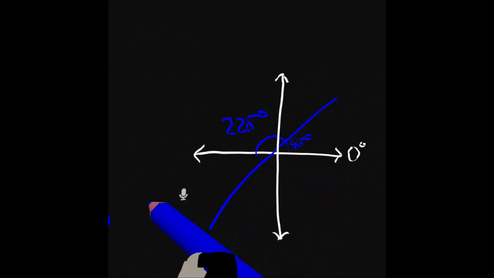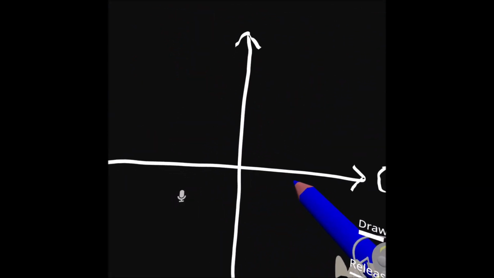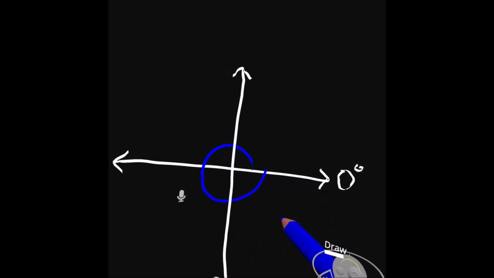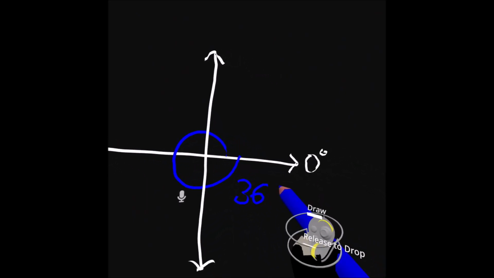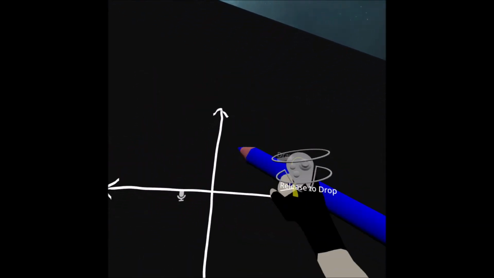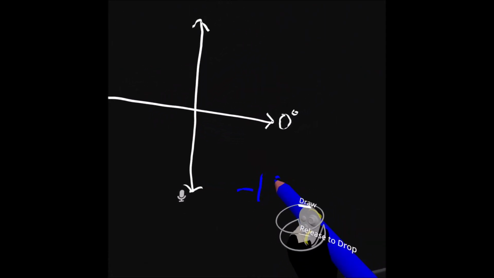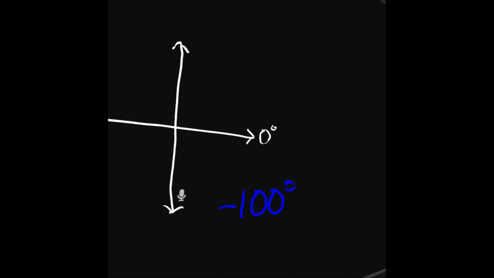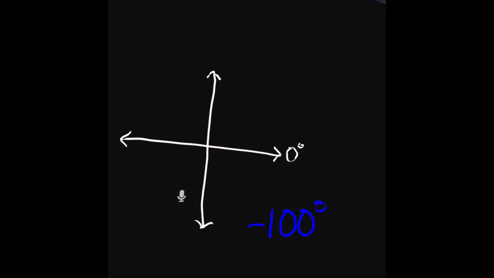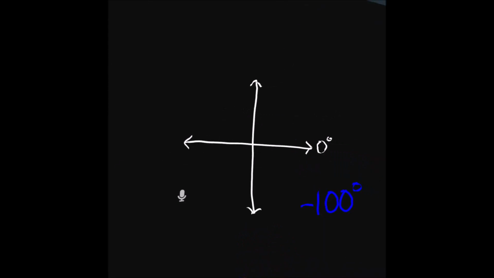Right? Okay. If my terminal arm went all the way around, then this is what's called 360 degrees, which again, we're already familiar with. And now let's say we're given a problem. What is the reference angle of negative 100 degrees? Reference angle is pretty much an angle from 0 to 360.